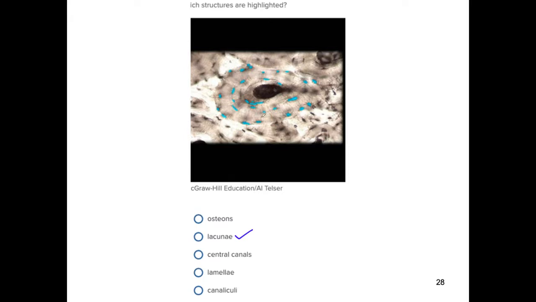What are the black spiderweb lines? Those are called canaliculi. Okay, and the central canal, that's this right here, the hole in the middle where the artery, vein, nerve, and lymph are. The lamellae, especially concentric lamellae, those are the concentric rings going all the way around.